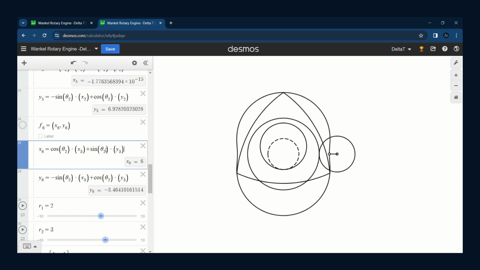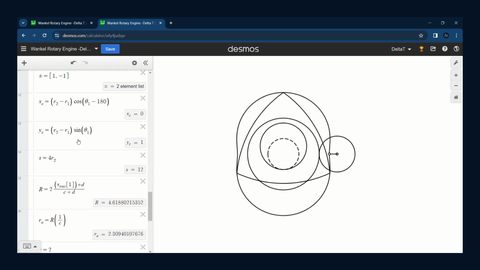And then R1 and R2, those are the radii of the drive shaft circles, and those have to be that certain ratio between them. It has to be a ratio of 3 to 2. That's just one of those interesting quirks about the Wankel engine. There have to be these certain ratios.